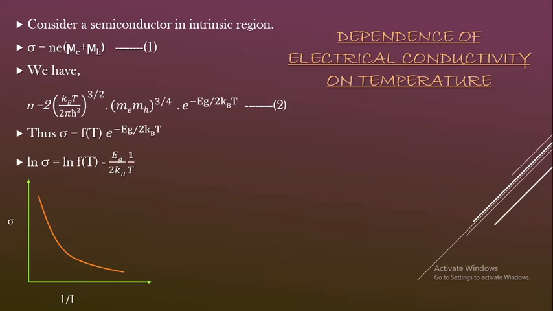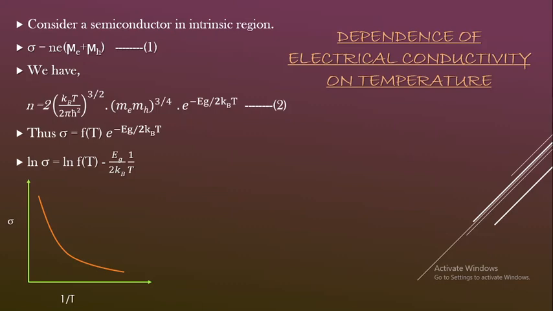So it is ln f of T plus ln of e raised to minus Eg by 2 kBT, and ln of m raised to n is nothing but n into ln m. That's why we have ln f of T minus the exponential term, that is Eg by 2 kBT into ln e, and we know ln e is nothing but 1.